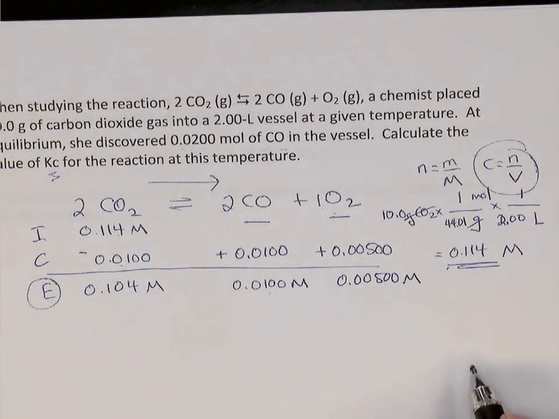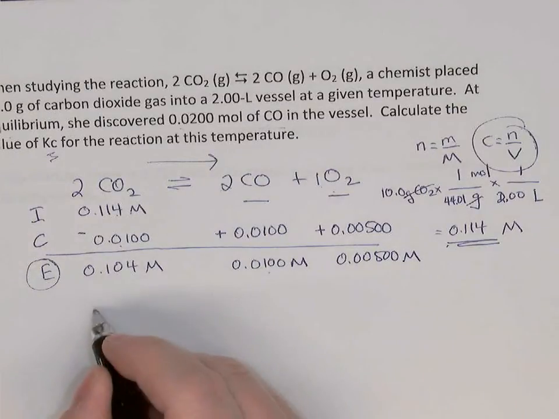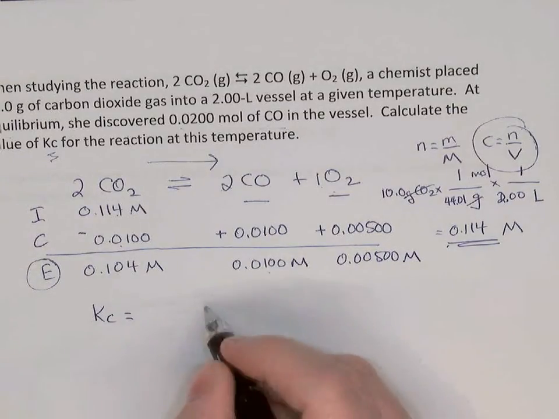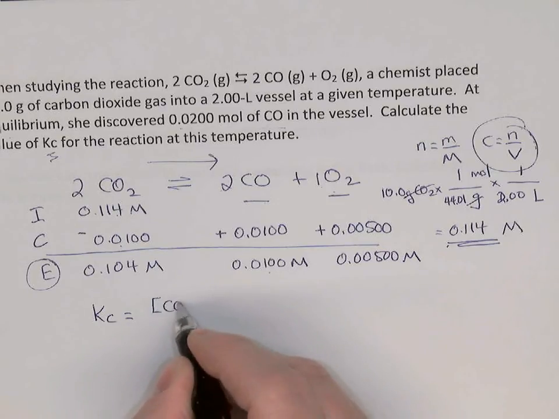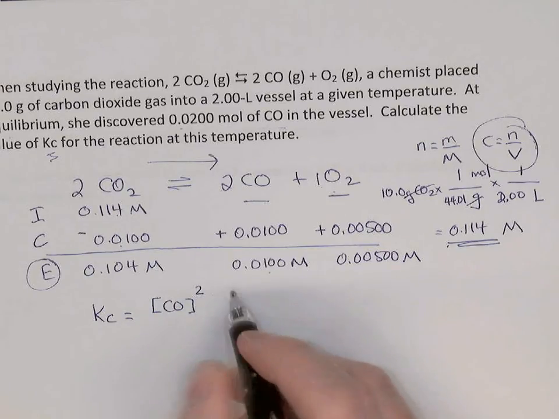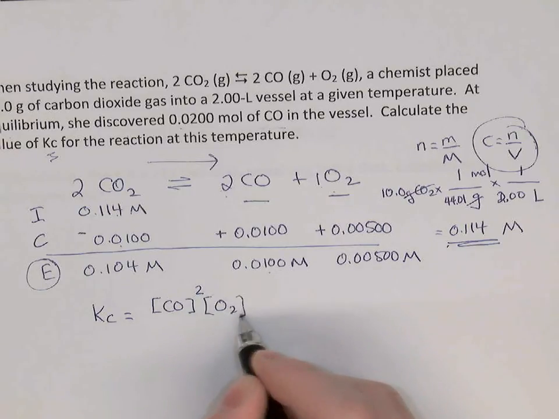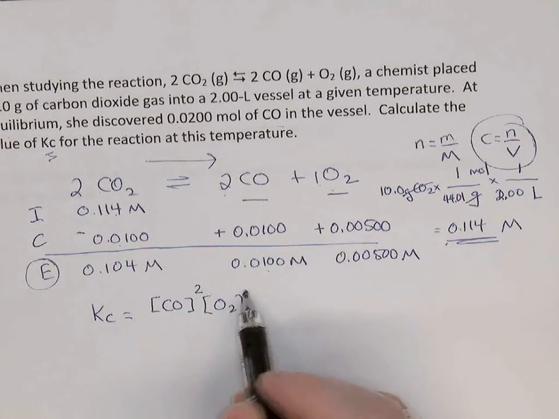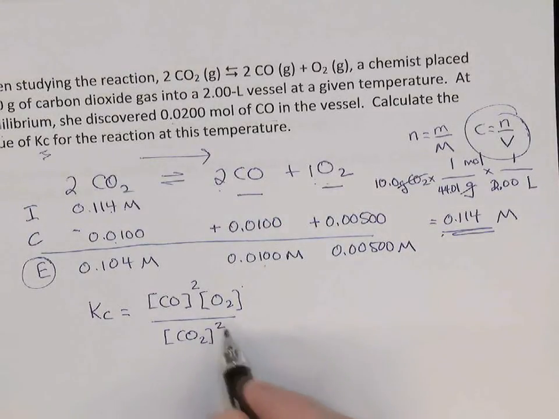Now that I've got everything at equilibrium in concentrations, we can go set up the Kc expression and substitute to find its value. So products first, concentration of CO squared, because its coefficient was a 2, times oxygen's concentration to the power of 1, its coefficient was 1, divide by the concentration of CO2 squared.